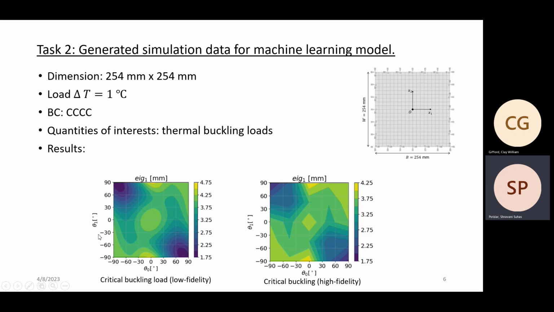These two plots are the results generated from this analysis. Here we can clearly see that the thermal buckling load from high fidelity data and low fidelity data clearly show some difference.